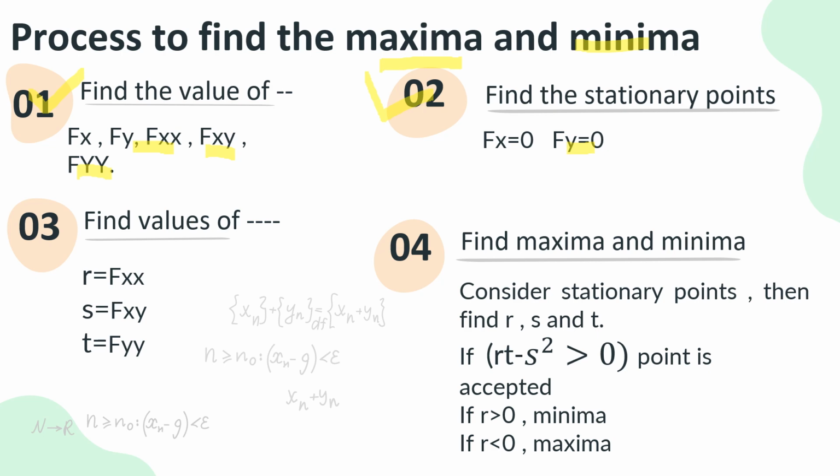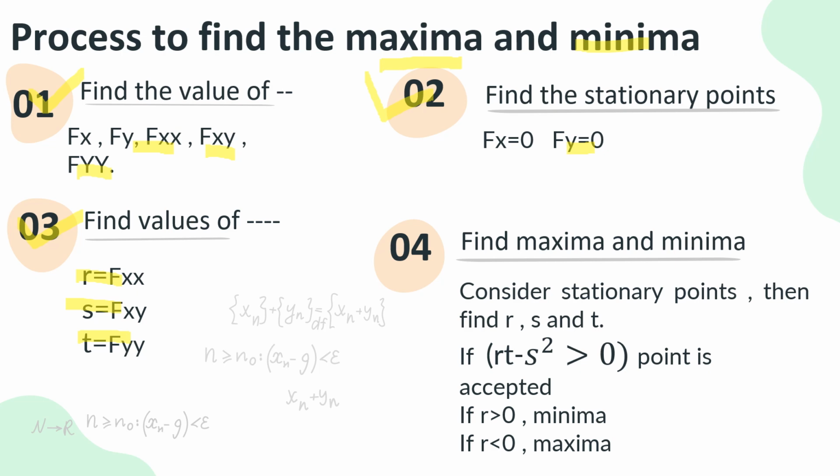Okay, now in the third step we will find the values of r, s and t, where r is equal to f of xx, s is equal to f of xy and t is equal to f of yy. We will get the values of r, s and t.